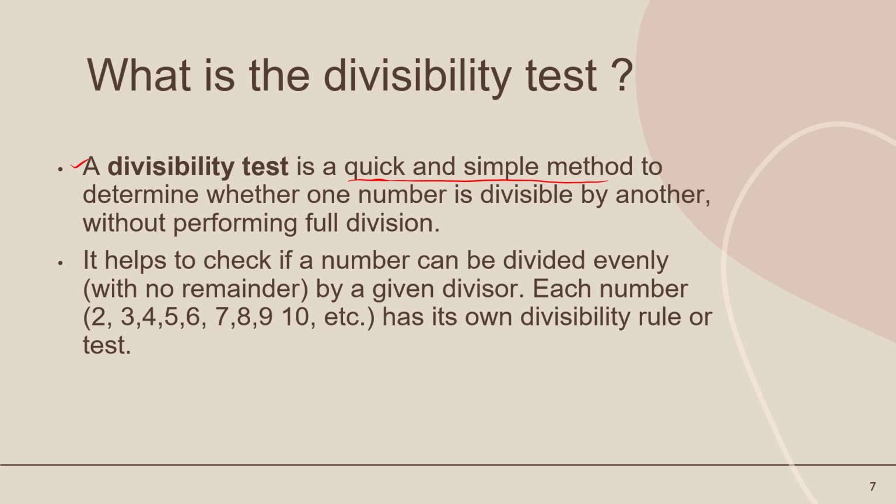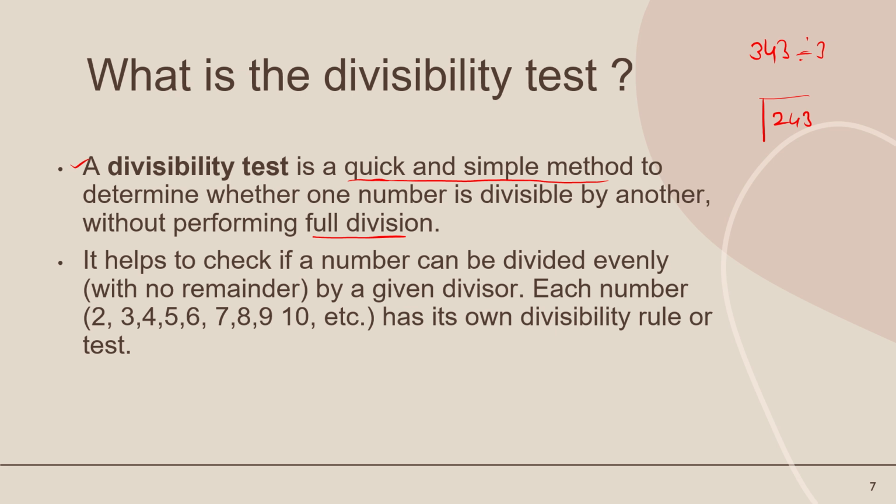With a divisibility test we can find whether a number divides another number completely, without performing full divisions. Most of the time we perform the full divisions. For example, if we check whether 343 is divisible by 3 or not, we perform this using the long division method. But in a divisibility test you can use the divisibility rules.